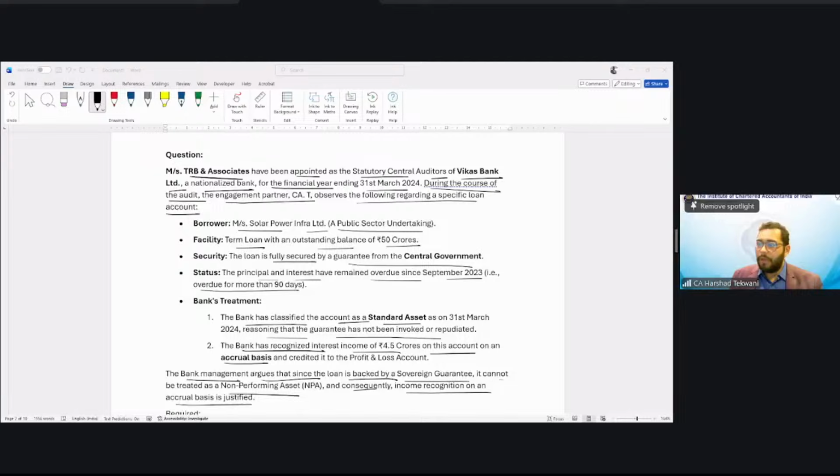Okay, now tell me, what do you think? Is the bank correct or is the bank incorrect in this particular scenario?